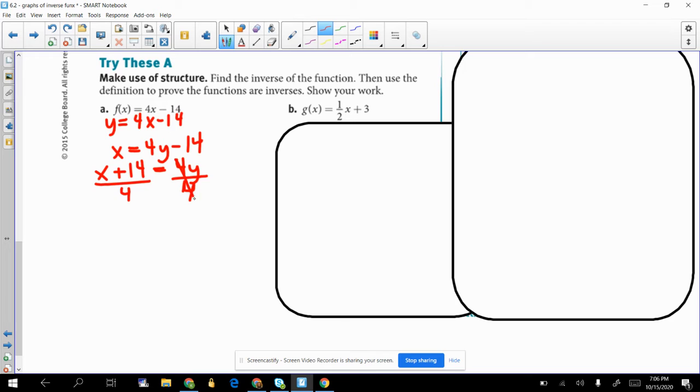So then I know y is equal to x plus 14 over 4, but we're going to write that as f inverse of x. Remember, that's your proper function inverse notation. Okay, so that's your first step. We found the inverse.